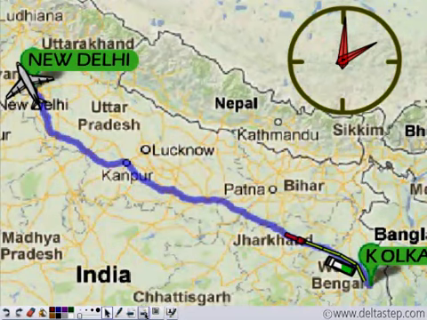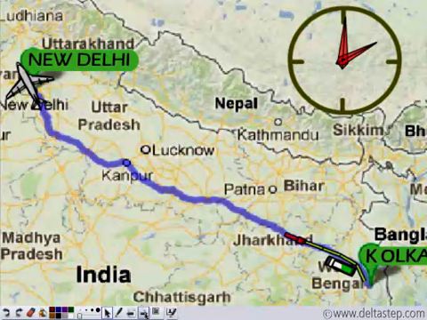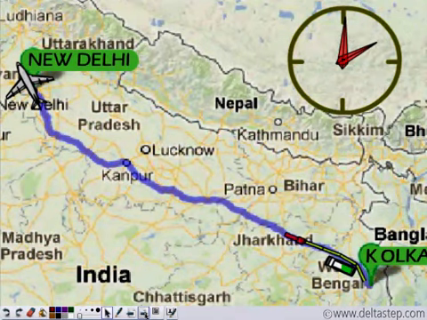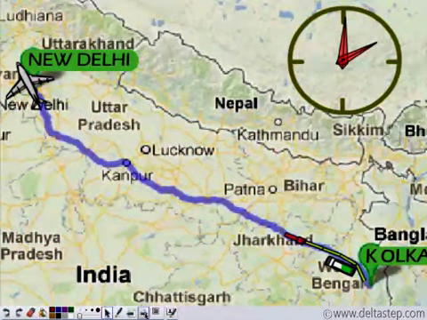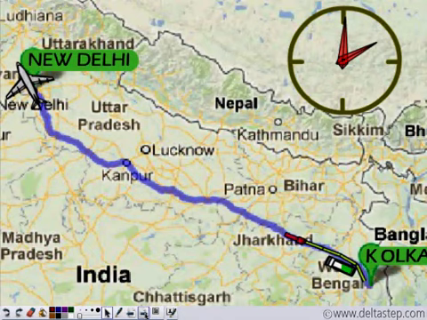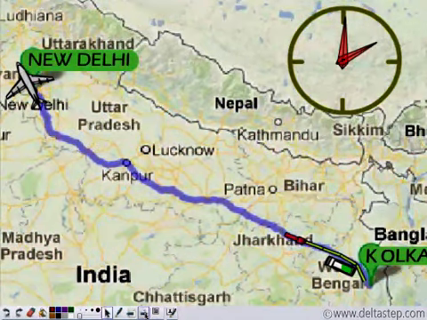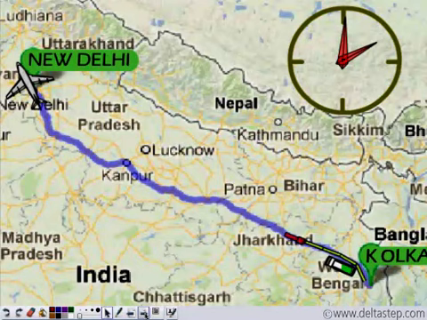So we can say that plane has covered the maximum distance, or we can say that plane is the fastest. Train has covered a greater distance than bus, but a lesser distance than plane. So train is faster than bus but slower than plane, and the bus is the slowest.